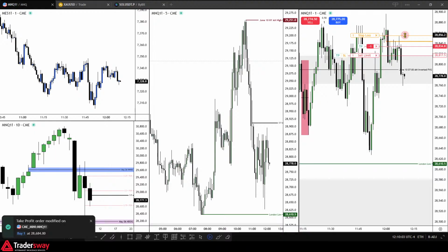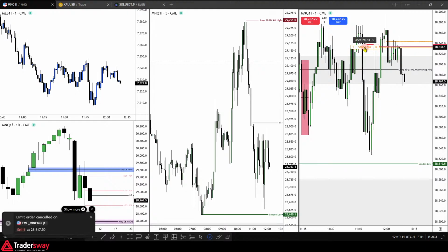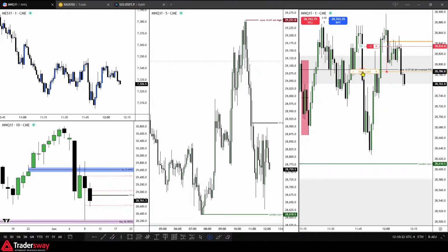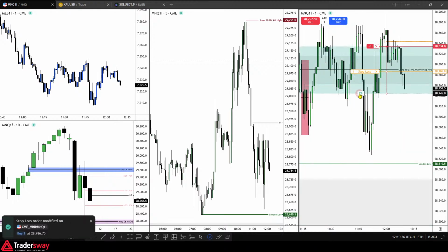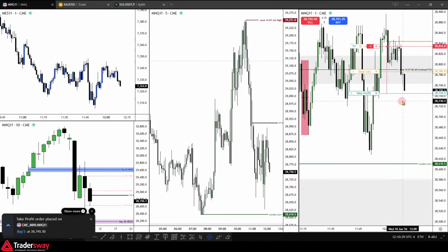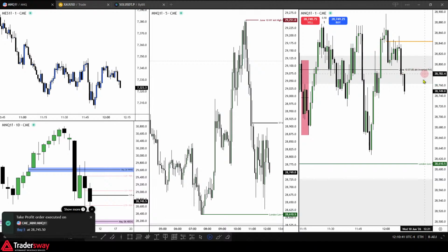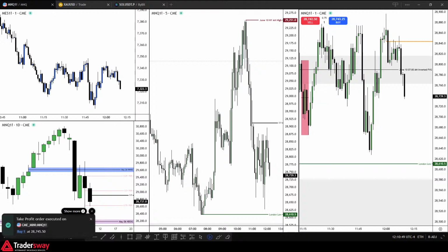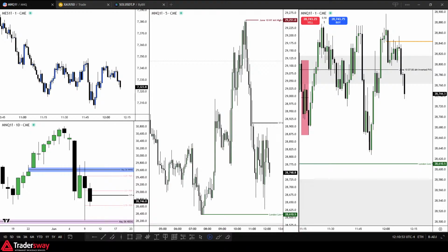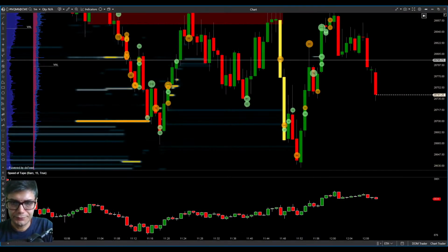Remove that for now. Okay, let's look at order flow. Meanwhile, I'll look at the statement to see what the hell I have done the last few trades. You guys look at order flow. I will look at the statement.